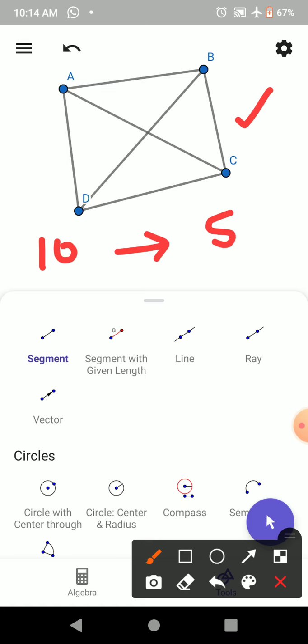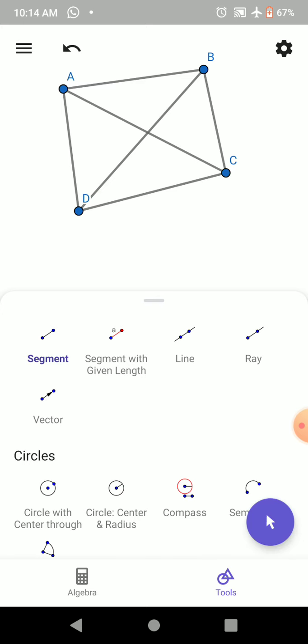Okay, so let's start how we can construct a quadrilateral. As I told you, we should know any 5 components out of 10. Then we can construct the quadrilateral.